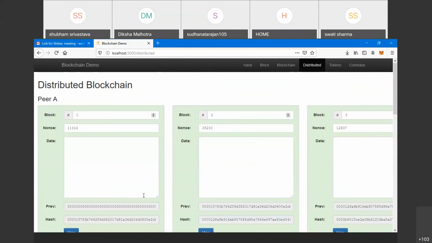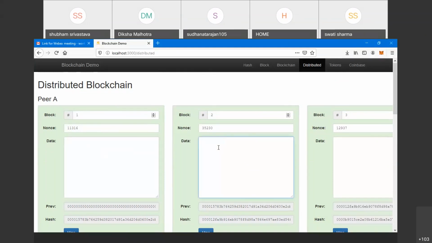Now, the other question that might arise is how the blockchain is really tamper-proof. Let's see. Suppose peer A is a malicious person or a malicious miner who wants to make some changes in the block just for his own benefit, might be in block 1, might be in block 2.